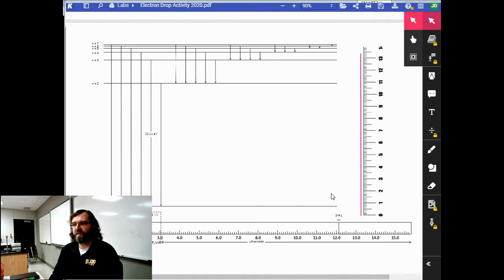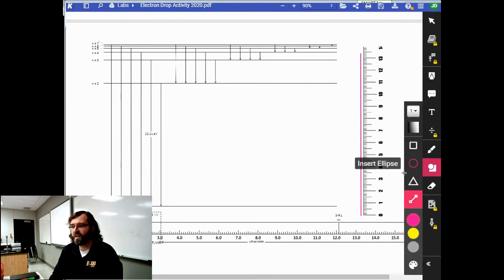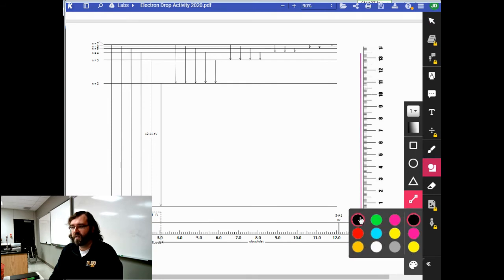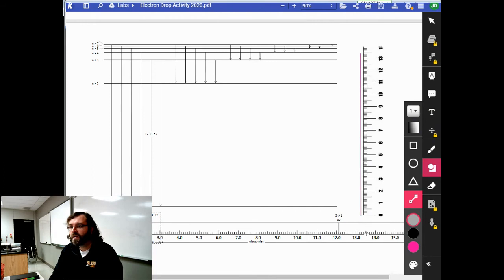Okay, so that would be the amount of energy that is involved in the transition from the seventh to the first energy level. And I can then mark that down here. So if I said it was 13.545 centimeters, I can mark that down here, I'm going to do it in gray, on the chart on the bottom.